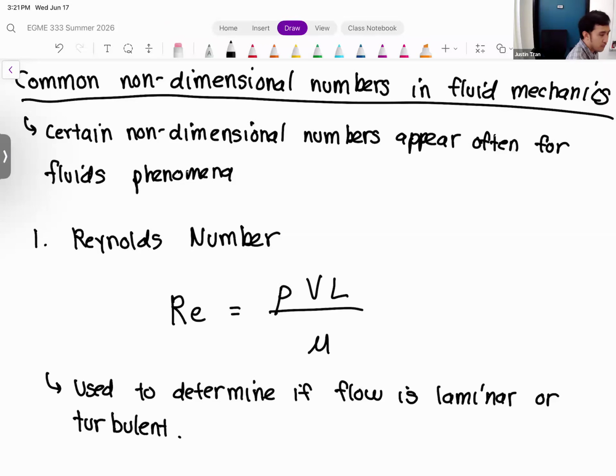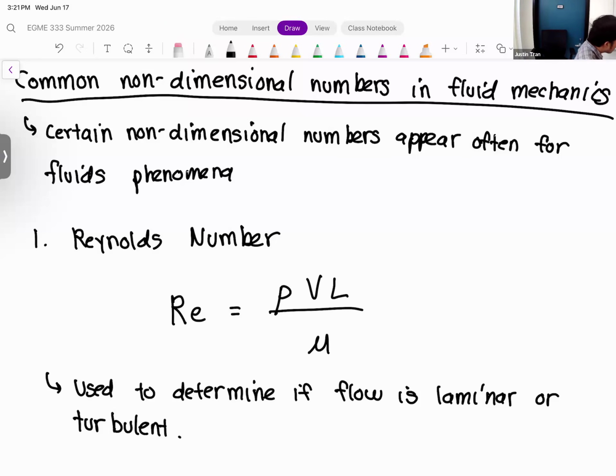You've probably heard of the concept of turbulence if you've ever flown in an airplane. Turbulence is what happens when the airplane goes through some rough air and it causes a lot of shaking and air sickness in the cabin. I get motion sick very easily, right? But that is the main way that Reynolds number is used. Okay. So it's to determine if it'll be smooth or chaotic, like.